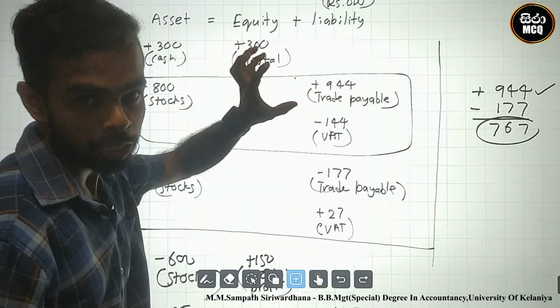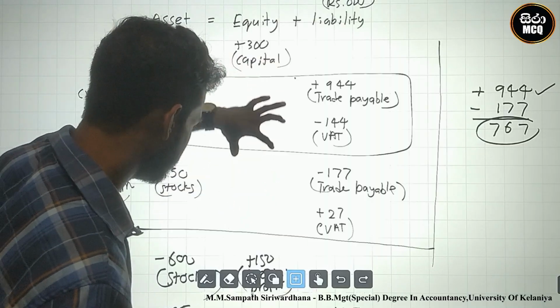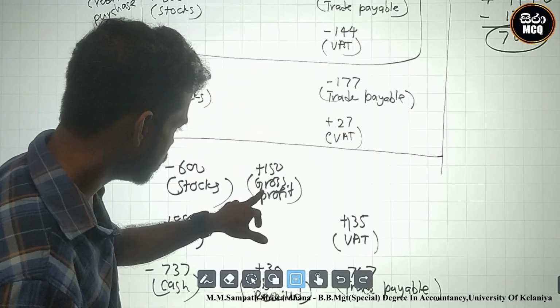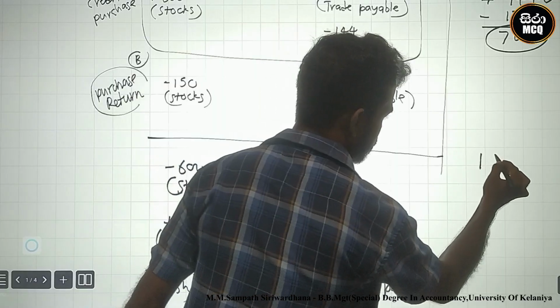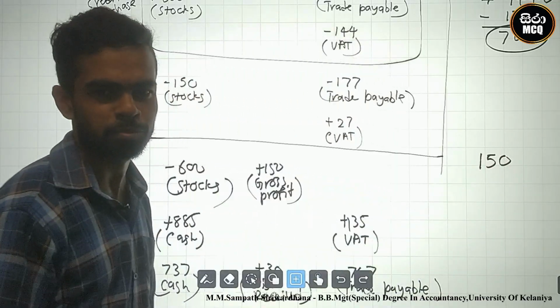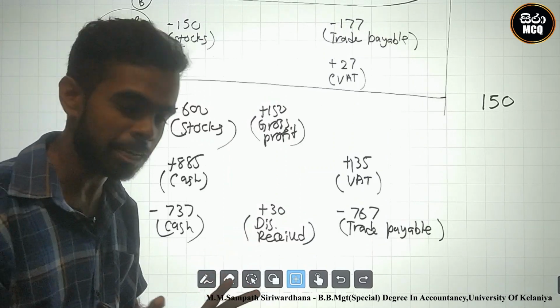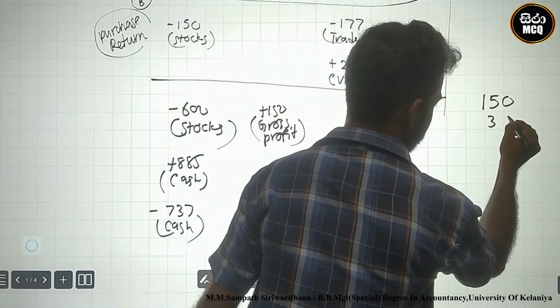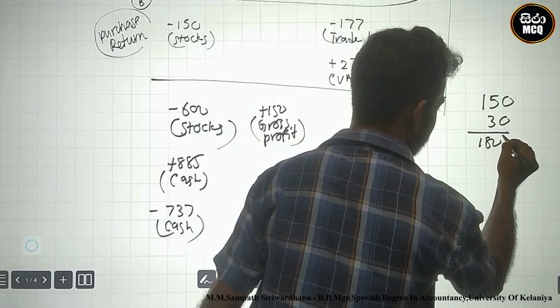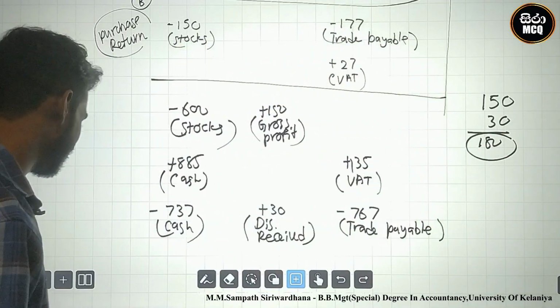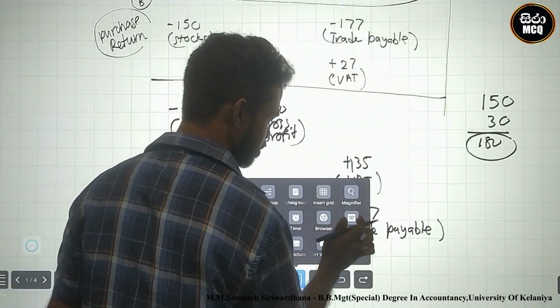Capital does not impact net profit. The second one is gross profit 150, which impacts net profit. After that discount received is income, plus 30, so the profit is 180.